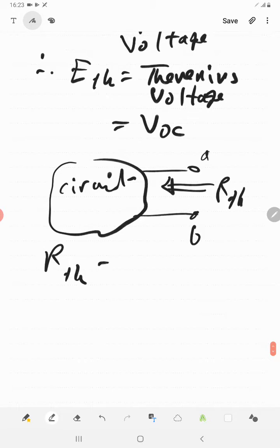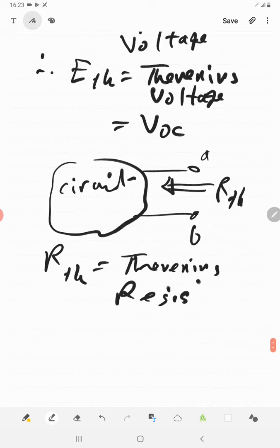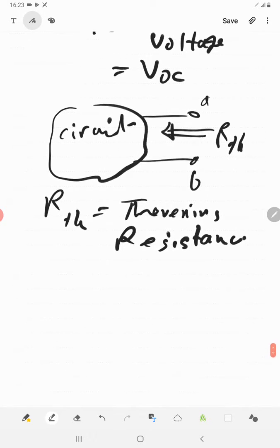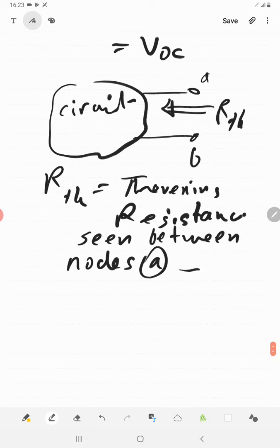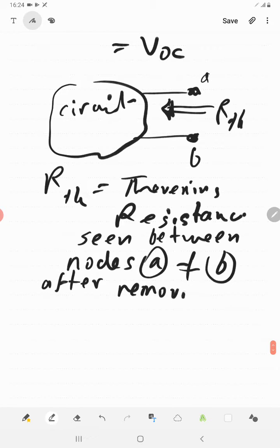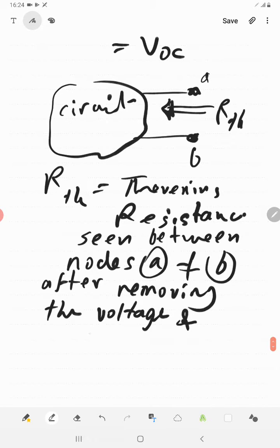So R Thevenin equals the Thevenin resistance seen between nodes A and B. We look at node A and node B, and we measure the resistance between them, after removing the voltage and current sources.